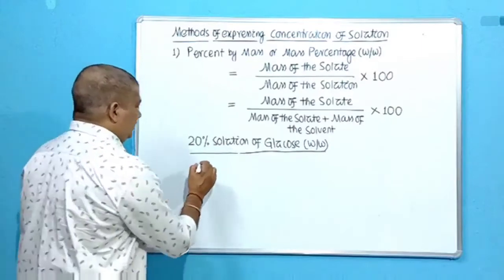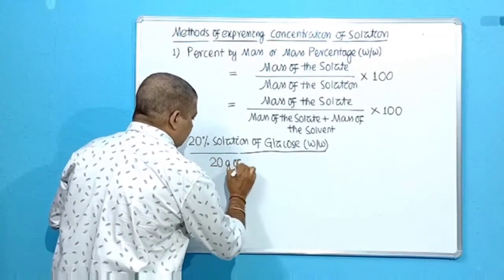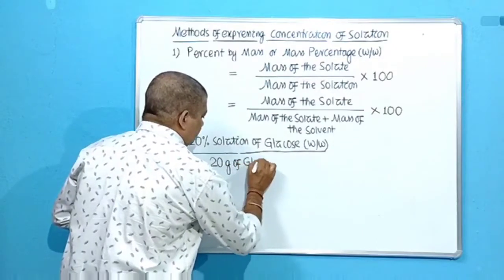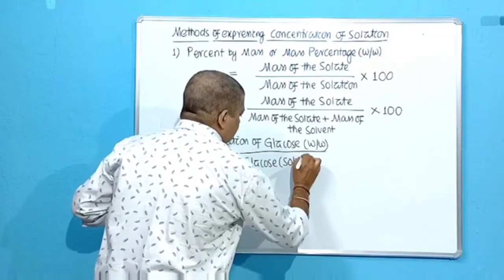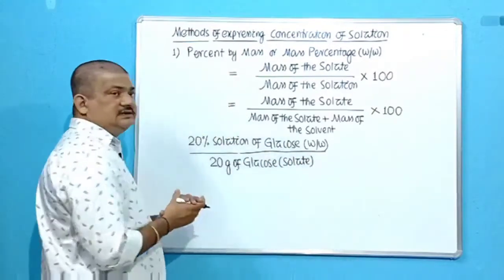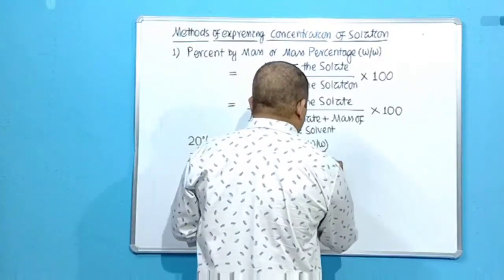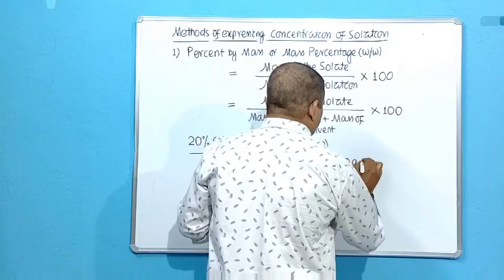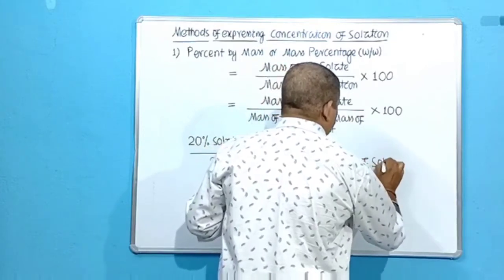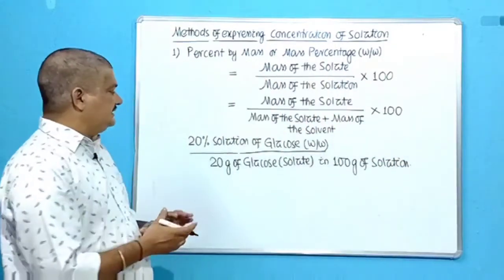There will be 20 gram of solute, that is glucose. Glucose is the solute. Formula of glucose is C6H12O6. 20 gram of glucose present in 100 gram of solution. So this is the basis.